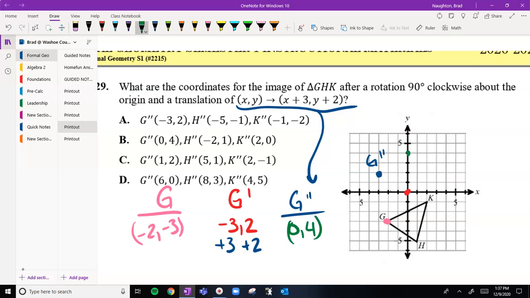So 0, 4 is going to be G double prime. I erased the prime right there because one move is G prime and then double prime is after 2 moves, and the only one that works for is B. So you're done. Yes, H and K will land where they're supposed to, but be smarter.